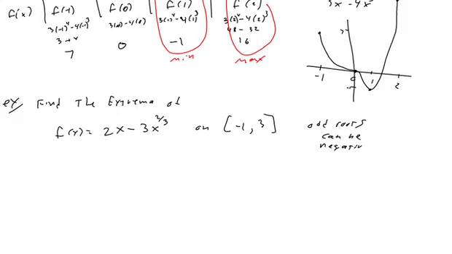If you have a cube root or a fifth root, you can do the cube root of a negative. That's fine. Like the cube root of -1 is fine. But even roots cannot. Square root of -1, not allowed. Or the fourth root of -1, not allowed.